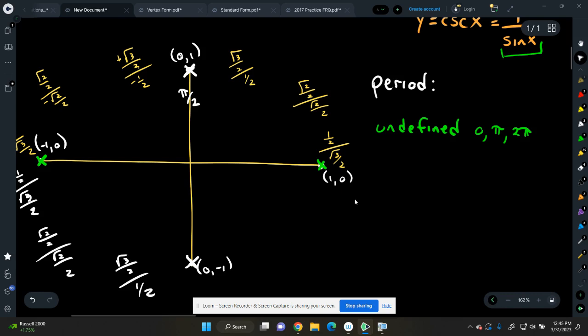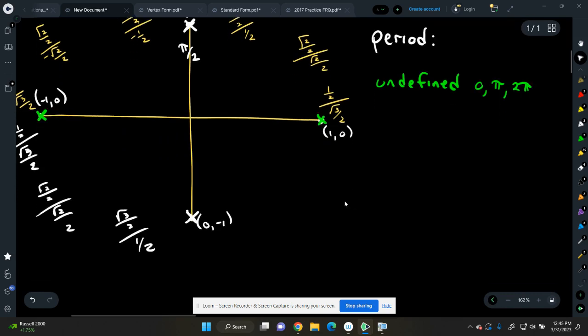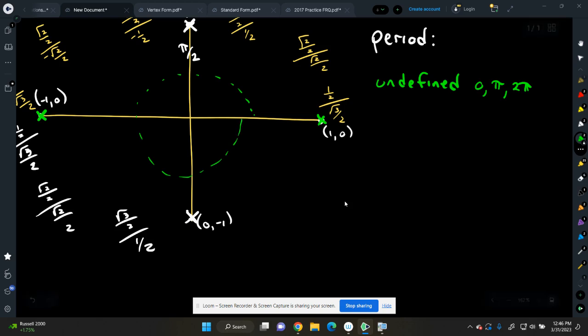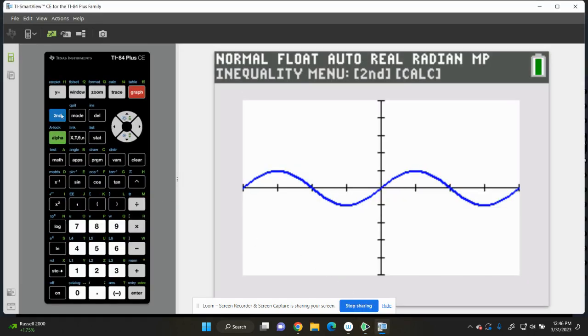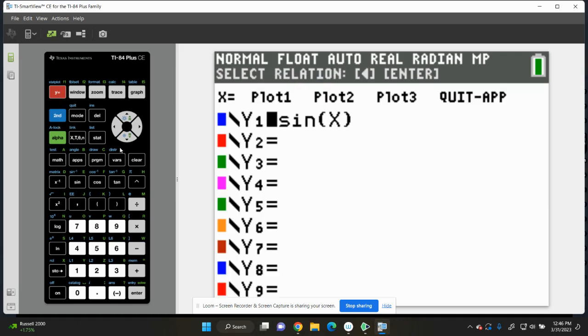What's the period of sine? 2 pi. Because it takes 1 full time around the circle before it repeats itself. So if cosecant is just 1 over sine, it's still going to take 1 full time around the circle to repeat itself. So let's look at what cosecant is on the graphing calculator.